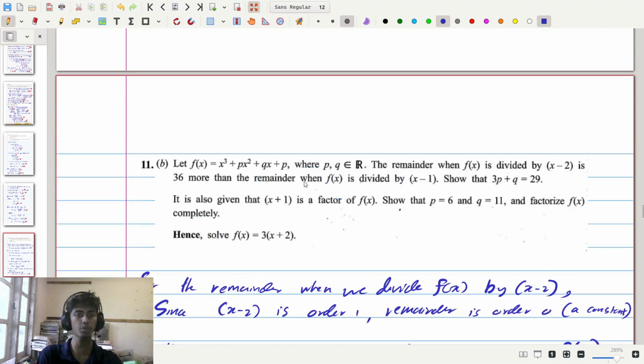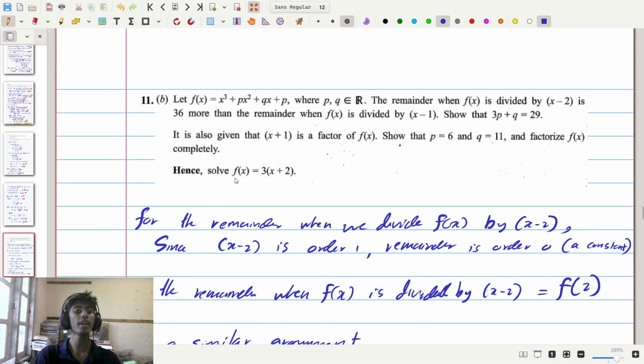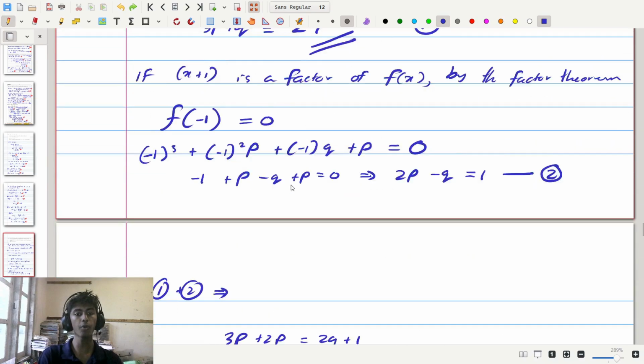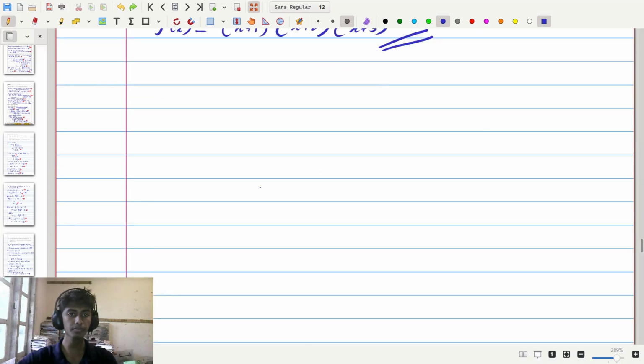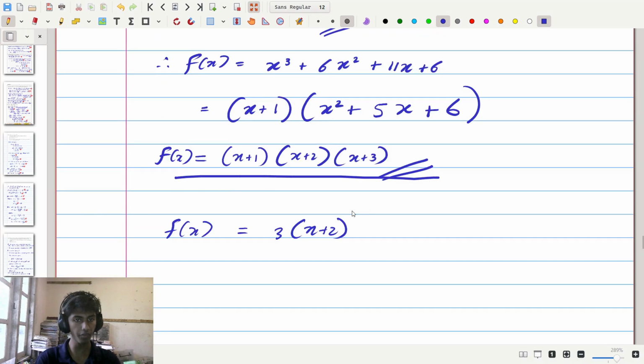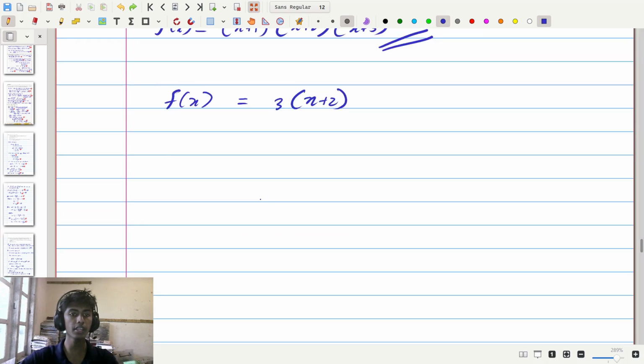Now finally, what we need to do is to hence solve f of x equal to 3 times x plus 2. Since we have this equation for f of x, we can substitute and say we must have x plus 1 times x plus 2 times x plus 3 being equal to 3 times x plus 2.